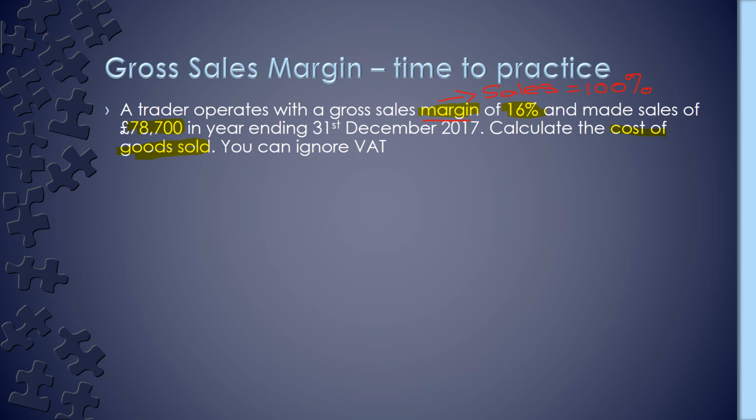So 78,700 equals 100%. Our cost of sales, therefore, must equal 100 minus the margin that we're given, which in this question is 16%, and that equals 84%.